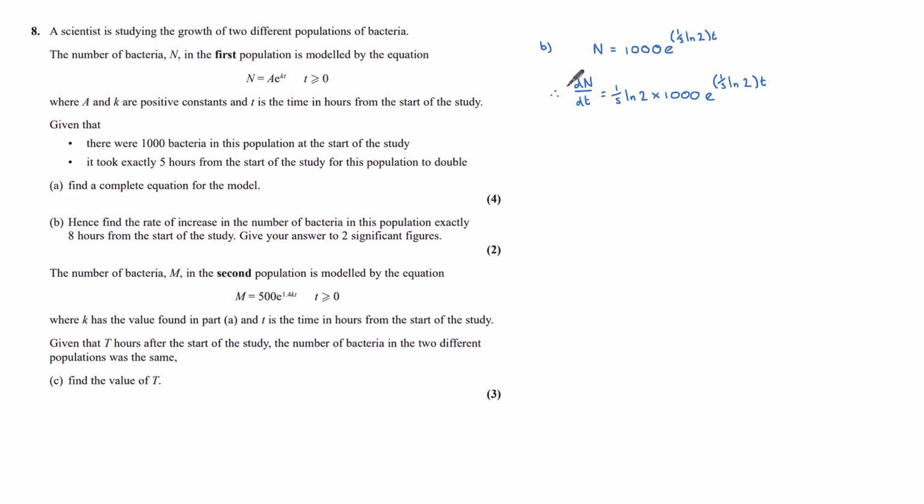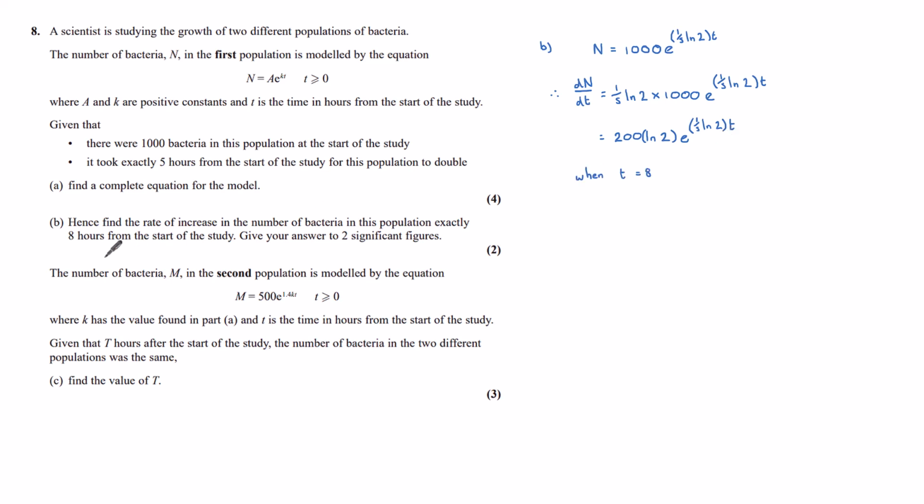So differentiating with respect to t, when differentiating e, it remains the same, but we multiply by the derivative of this component. So we need to multiply by 1/5 ln 2. Simplifying that gives us 200 ln 2 e^(1/5 ln 2 × t).